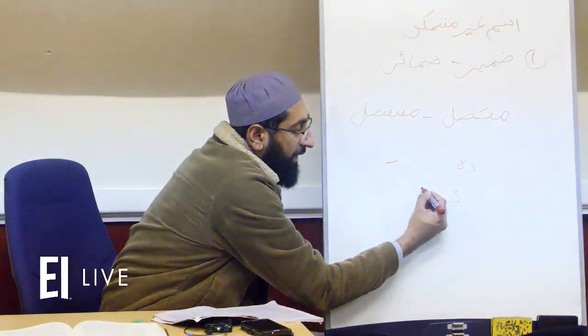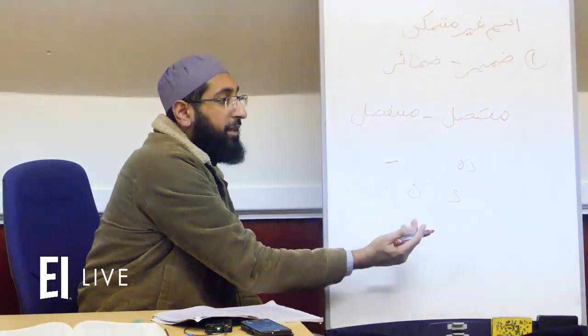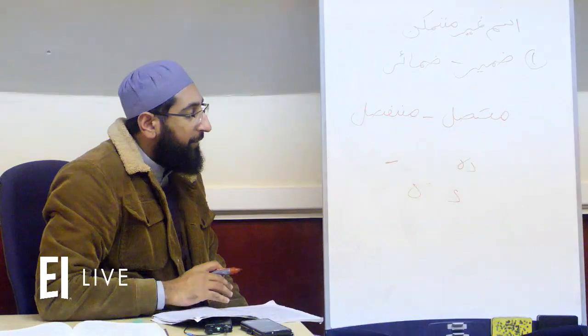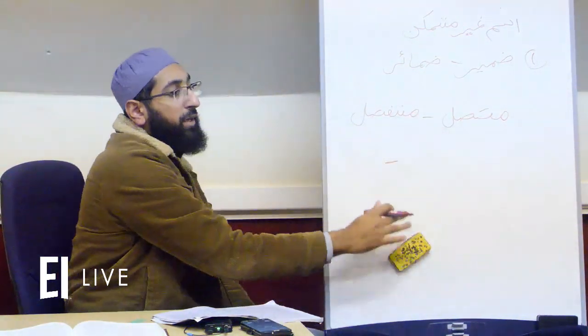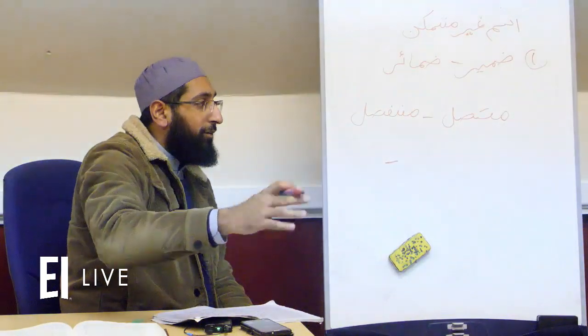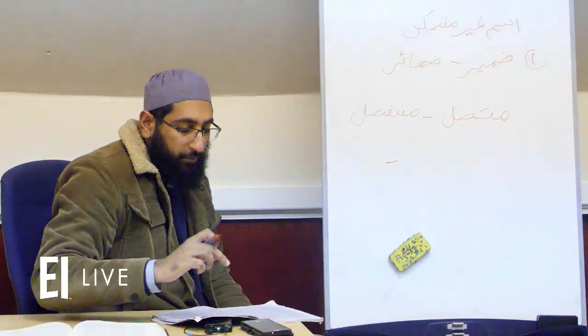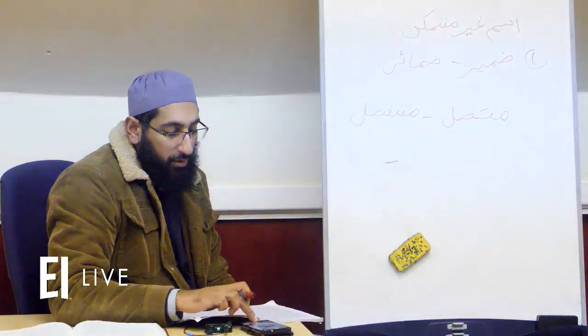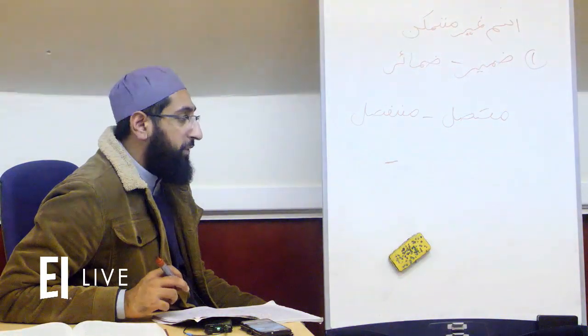Rather it is dal and then hu. So that is muttasil. Munfasil will be completely separate, like iyaka, one word, and then na'budu. So in this manner, you've understood what muttasil and munfasil is.